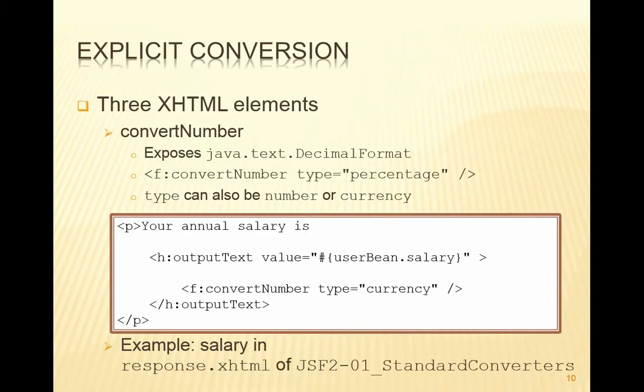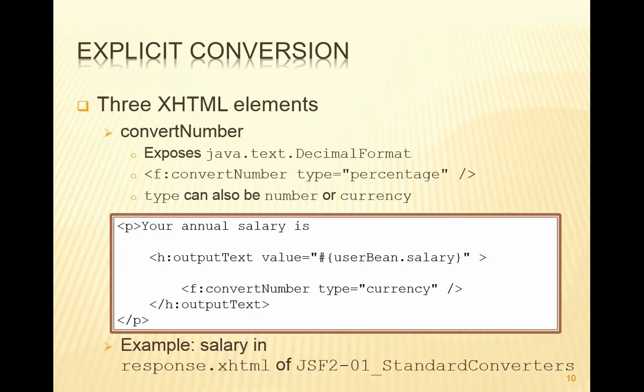Another of the XHTML elements for conversion is called convert number. And this will allow us to take a value and convert it into some kind of number using the decimal format class. In this example, we're using an output text element bound to a property in the backing bean, and that binding will then allow us to get a value.